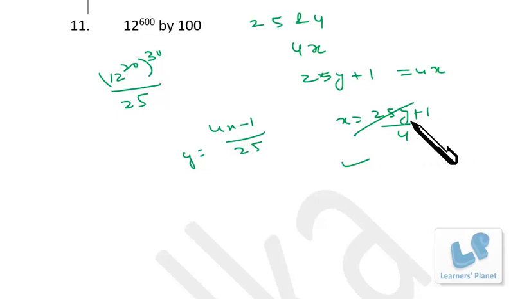In 25y plus 1, if you put y as 1 we get 26, if y is 2 we get 51, if y is 3 then we get 76, that is a multiple of 4. So y must be 3, right? So the remainder will be 25y plus 1, so that is 76. So overall the remainder is 76. I hope you are clear. 12 raised to 600 divided by 100, the remainder will be 76.